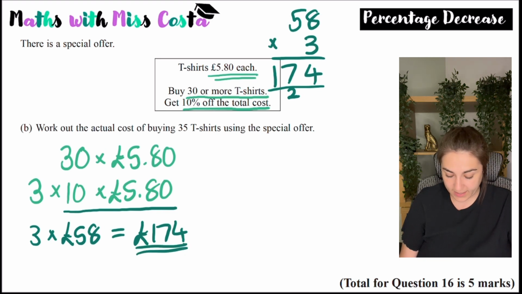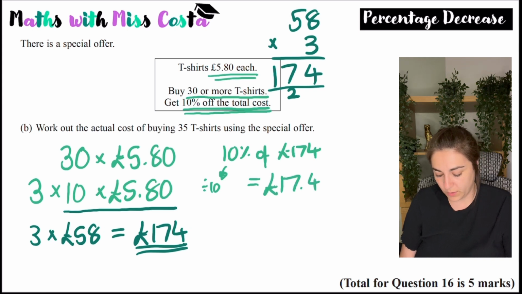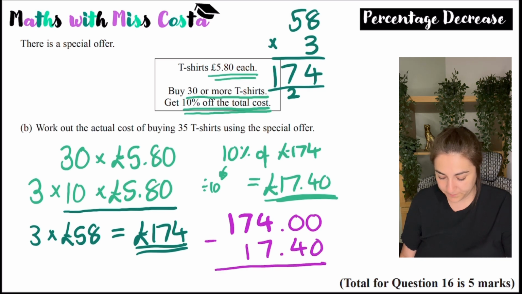But now, because I've bought more than 30 t-shirts, I get 10% off the total cost. So 10% of 174, I just divide it by 10. That's the shortcut to work out 10%. So 10% of 174 would be £17.40. And then if I subtract that from 174, I could just line up all my points, £17.40.